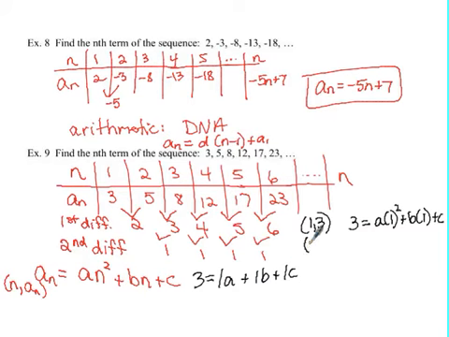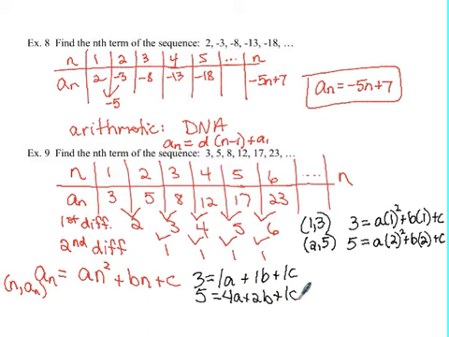I'm going to pick a second ordered pair, 2, comma, 5. And I would get 5 equals a times 2 squared plus b times 2 plus c. So all I'm doing is every ordered pair is n, comma, a sub n. And I'm plugging it into a sub n equals an squared plus bn plus c. So if I tidy this one up, I get 5 equals 4a plus 2b plus 1c.